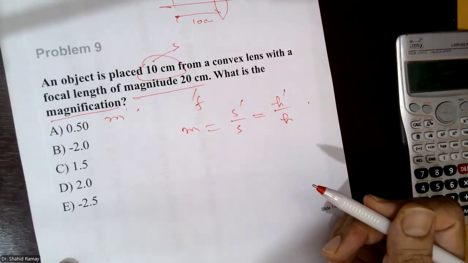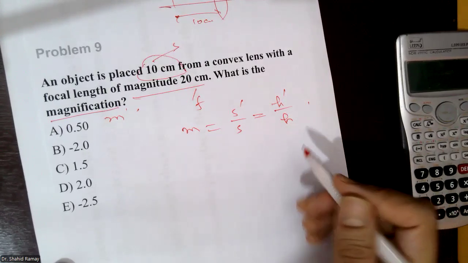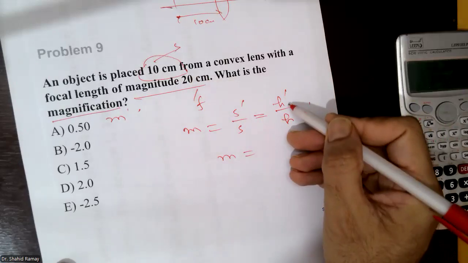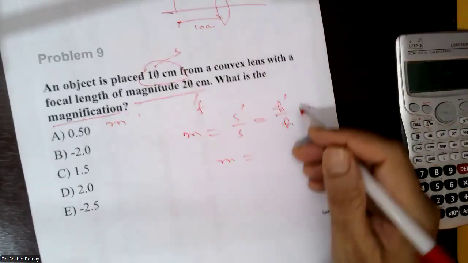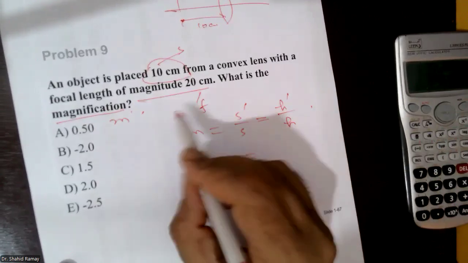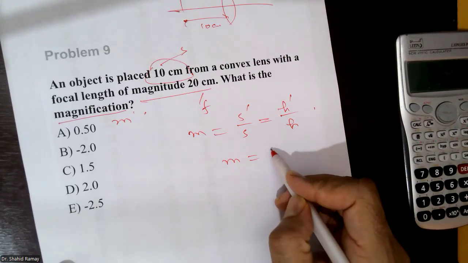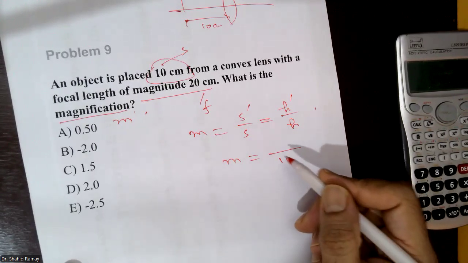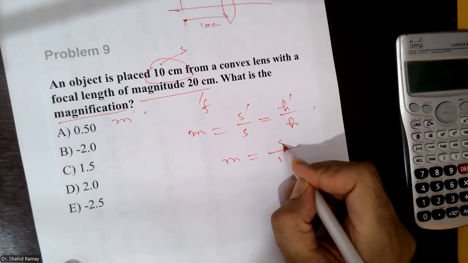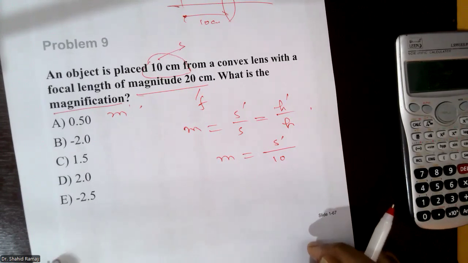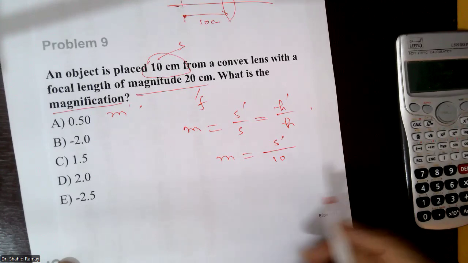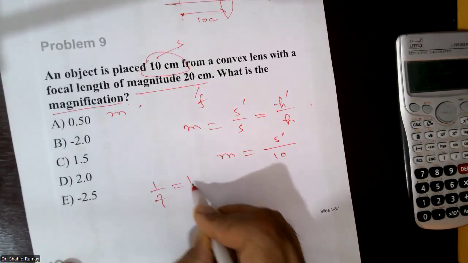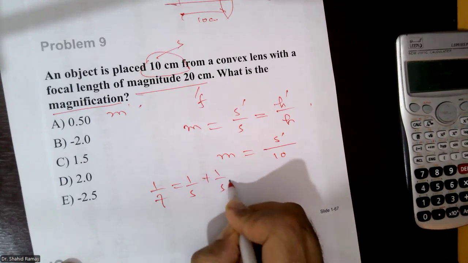Now we want to find the magnification. So to find the magnification, first, because the height of the image and the height of the object we don't know, only we know this S value, and S value is 10, and S dash value we don't know. So we will find this S dash value. To find S dash value, we have to apply 1 over F is equal to 1 over S plus 1 over S dash.